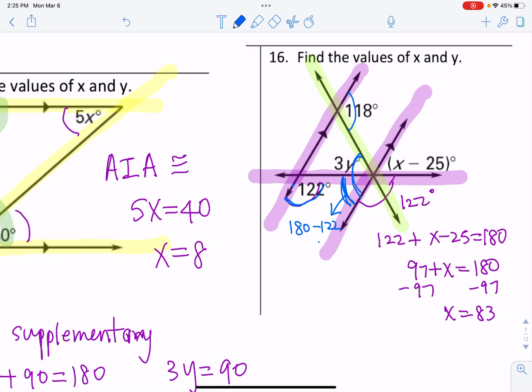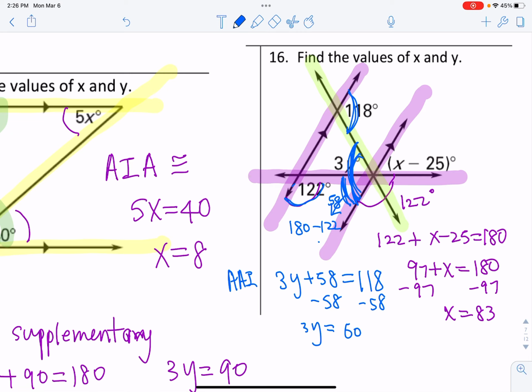Then you get 58 degrees here. So total 3y plus 58 degrees, which is this one right here. This one right here should be equal to 118 because it is an alternate interior angle. And then you subtract 58 on both sides. Then 3y will be 118 minus 58, which is 60. So you get y equals 20.